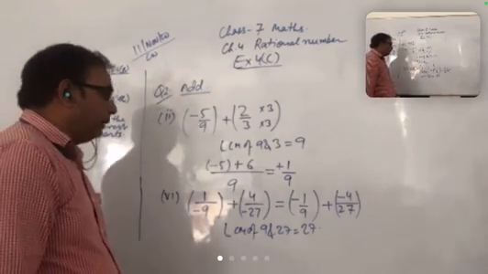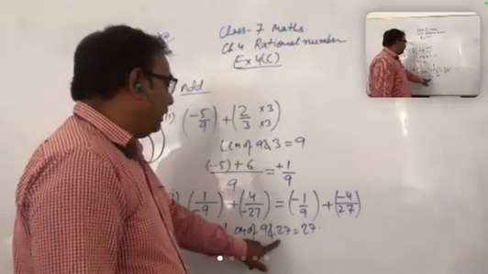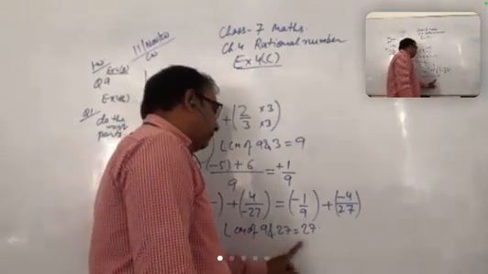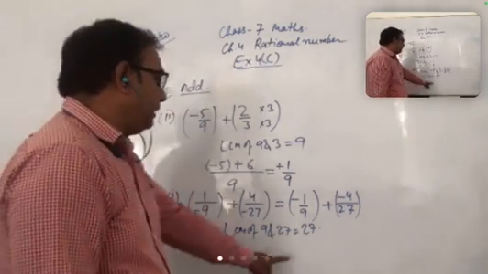Yeah, least common multiple. Yes, good. So the least common multiple of 9 and 27 is 27. So the LCM is 27.